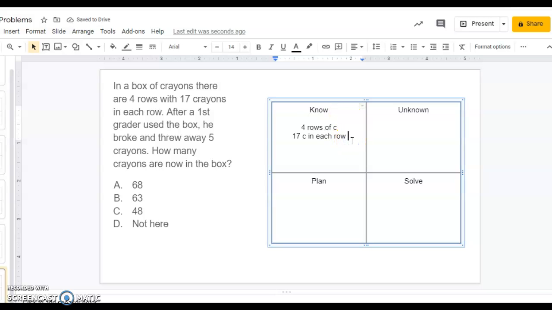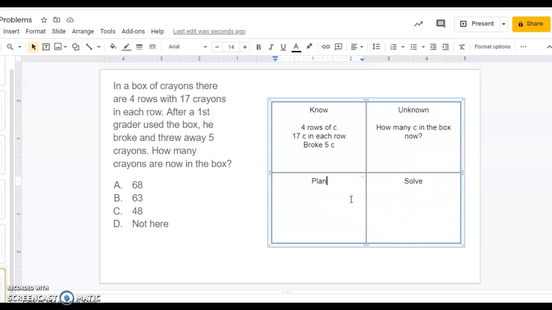It also tells me that he broke 5 C, so I'm going to have to decide what to do with that later on in my planning piece. And then I'm going to put my unknown, which is my question. So how many C in the box now? This is what I'm trying to find out once I solve.